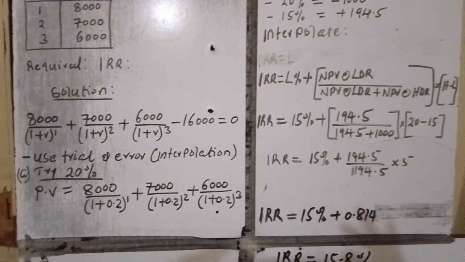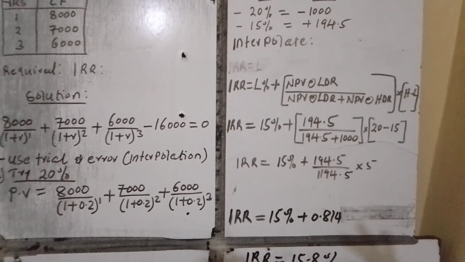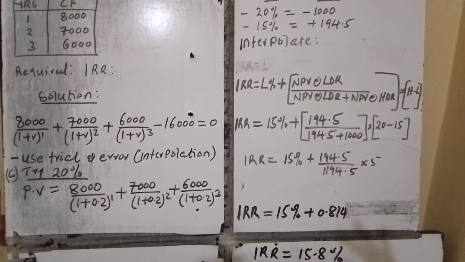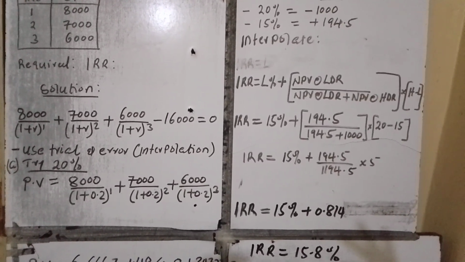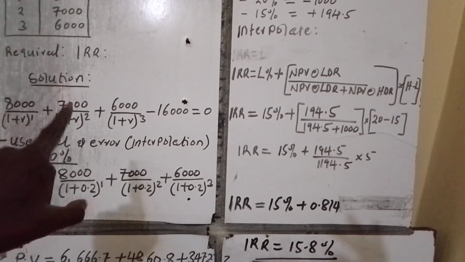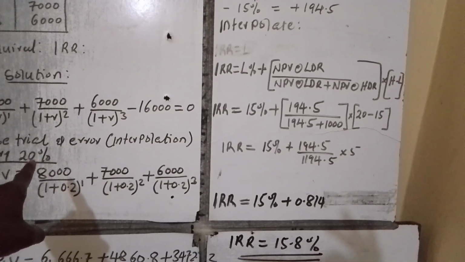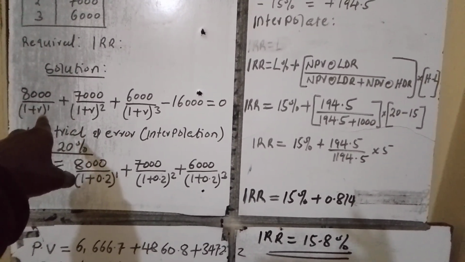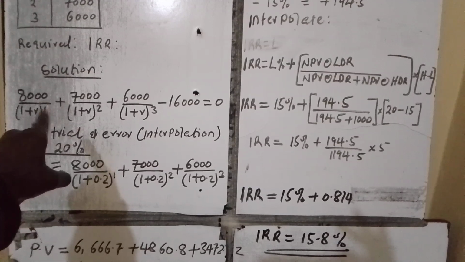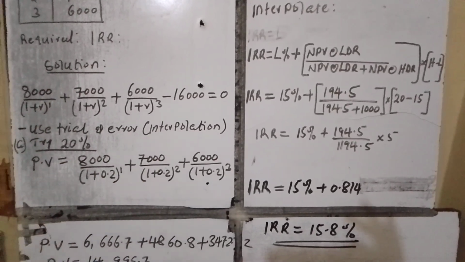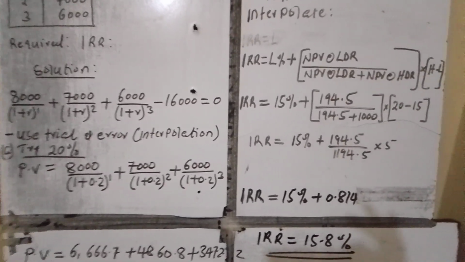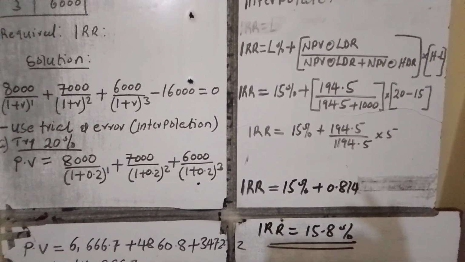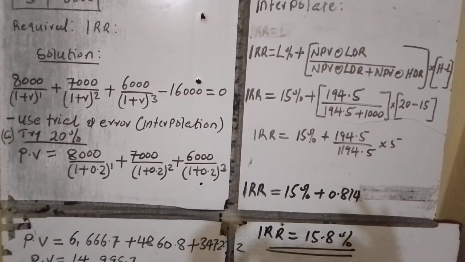With trial and error, you just pick any percentage and then establish what net present value will arise out of that. You can use 20, 25, or 3%. Try any and establish what the answer will be.